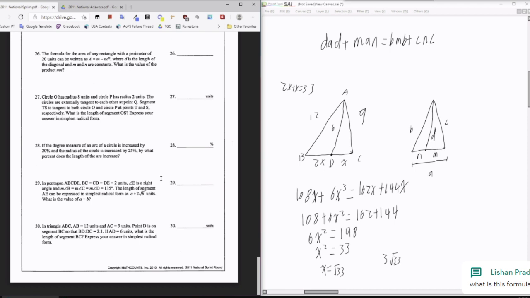It's called Stewart's theorem. You can search that up and you can find it on AOPS. I think probably also AOPS volume 1 or volume 2 goes over it as well.